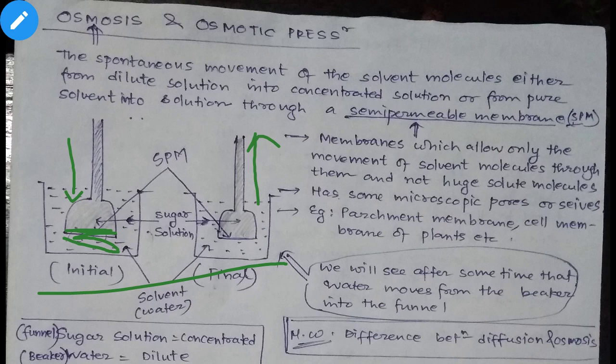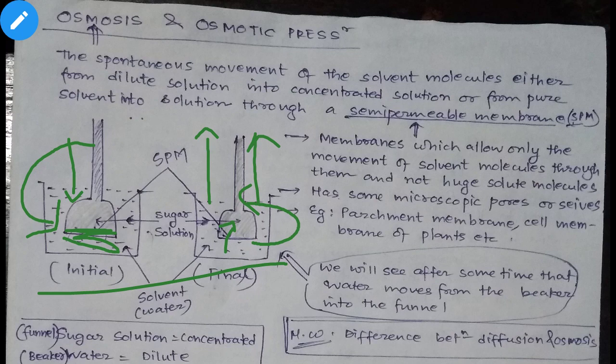So it clearly denotes that the sugar solution is not passing from the funnel to the beaker. Rather, the pure solvent is moving through the semi permeable membrane from the beaker to the funnel. That's why the level of the sugar solution in the funnel is gradually rising up.